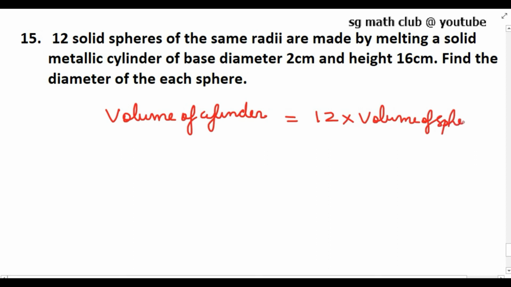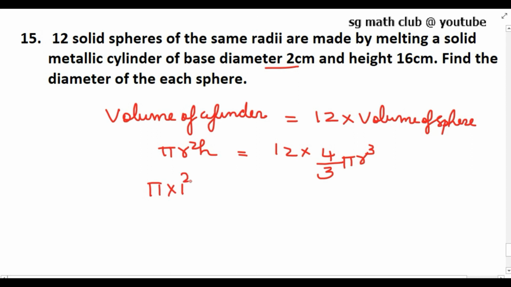Now we know that volume of cylinder is pi r square h and volume of sphere formula is 4 by 3 pi r cube. So cylinder diameter is given as 2 centimeter. That means radius will be 1 and height is 16. 12 into 4 by 3 into pi into radius of the sphere we need to find out. Diameter of the sphere we need to find out.